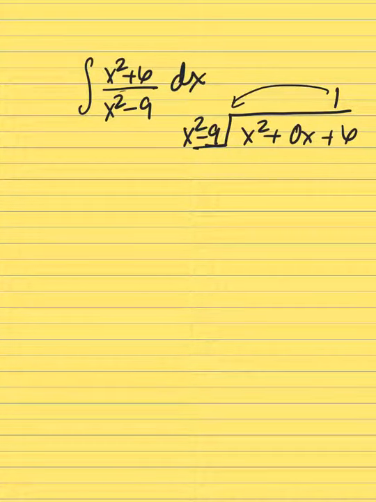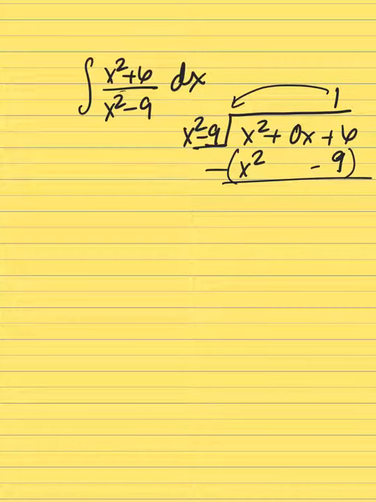Multiply that through, that becomes x squared minus 9. I'm going to subtract. That cancels out. 6 plus 9.